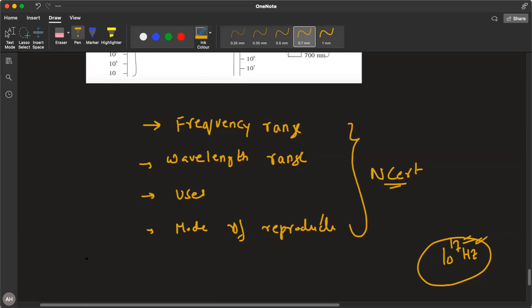Once there was a question: there is a wave which is used to see bones. That's X-rays. Write its frequency range, wavelength range, and the mode of production. How will you produce these X-rays?